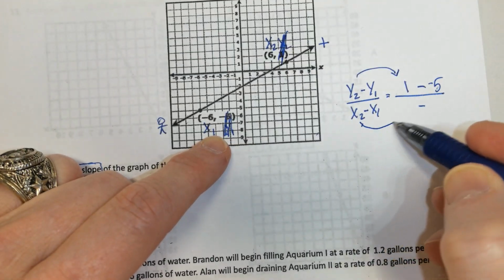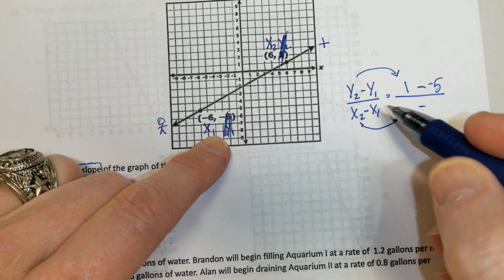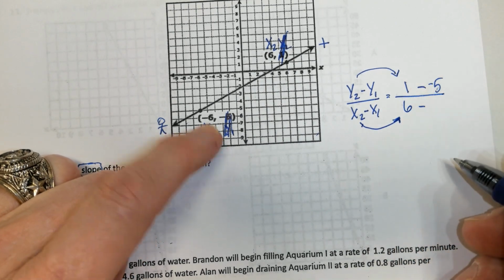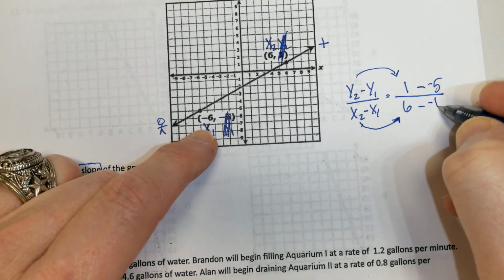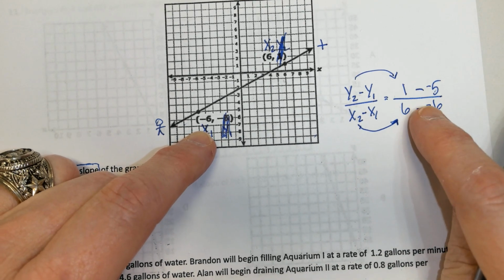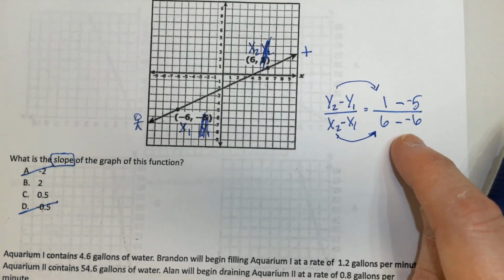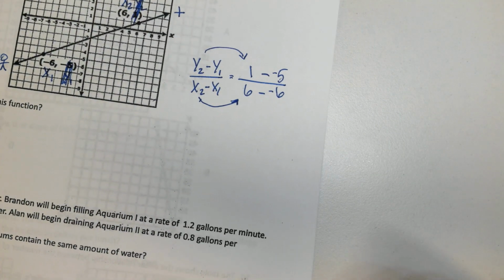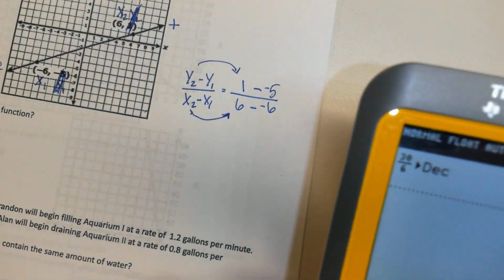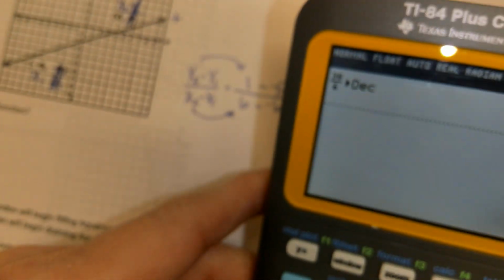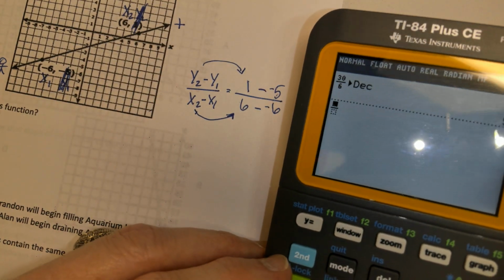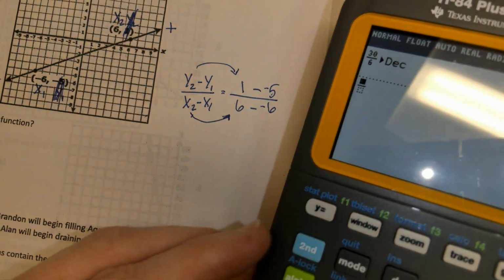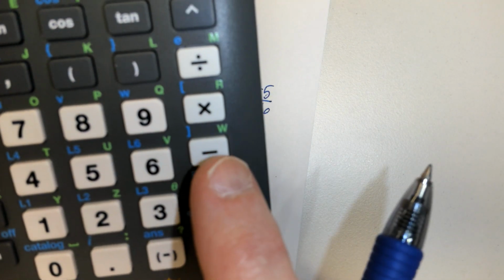Now I've got x2 that goes right here. That's a 6. And -6 is my last number. So make sure that you've written it properly, because it should be 1 minus a -5 over 6 minus a -6. Last step is, you have to get that in your calculator properly. You have to get your fraction framework in there and know the difference between subtract and the negative sign.